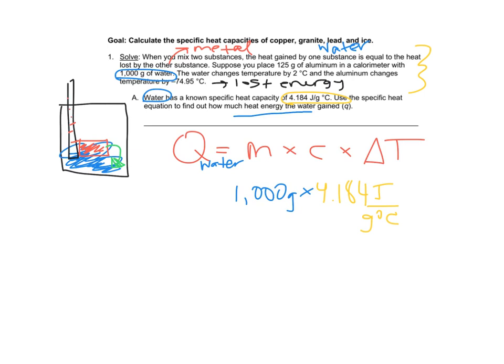If we read closely up here, it says the water changes temperature by 2 degrees Celsius. So there's our change in temperature, 2 degrees Celsius. So when we multiply all of those together, 1,000 times 4.184 times 2, we're going to get how much energy has been gained or absorbed by the water.